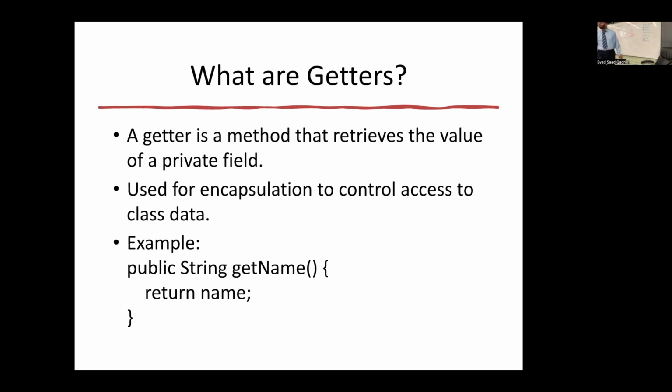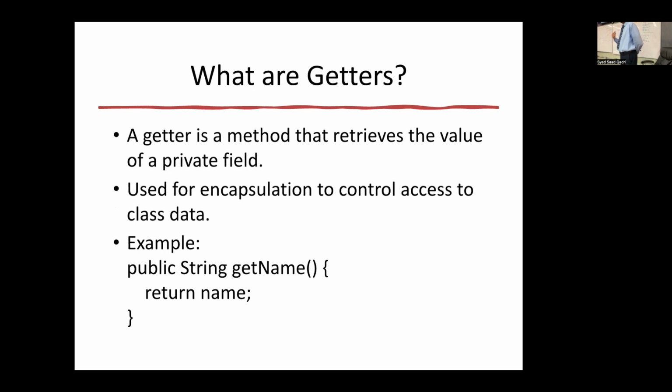So if I'm returning speed, what will I write? Public int get speed, return speed. If I'm returning a robot's position or an x coordinate, for example, then I'll say public int get x, return x.